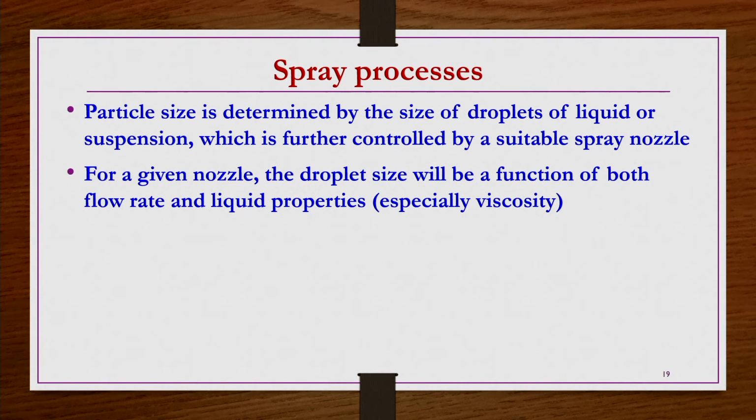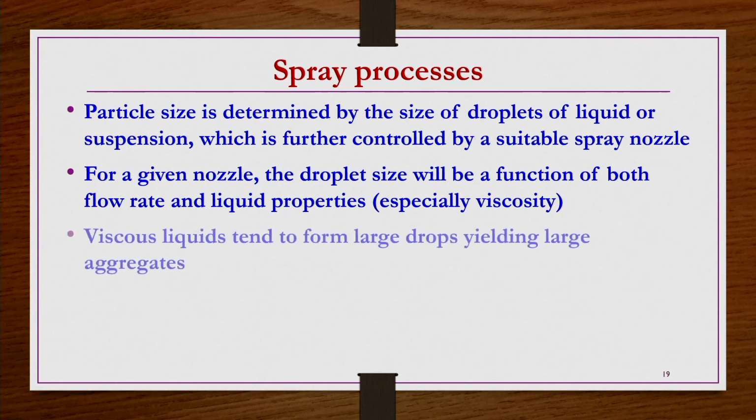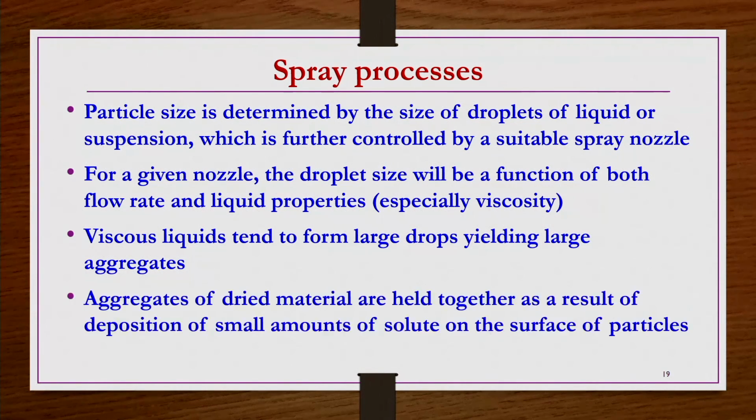For a given nozzle, the droplet size will be a function of both flow rate and liquid properties, especially viscosity. As I mentioned, viscous liquids tend to form larger drops, yielding large aggregates or bigger granules. Then aggregates of dried material are held together as a result of deposition of small amounts of solute on the surface of particles. It's a kind of simple drying process.